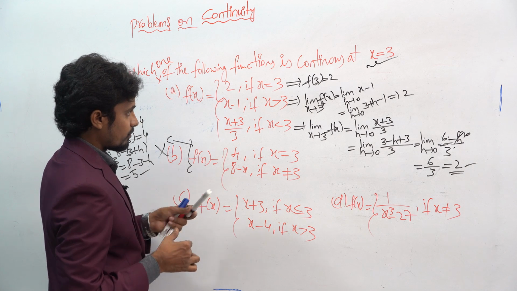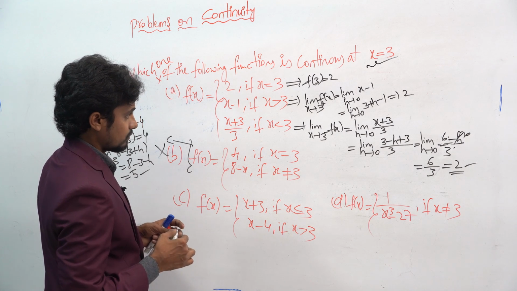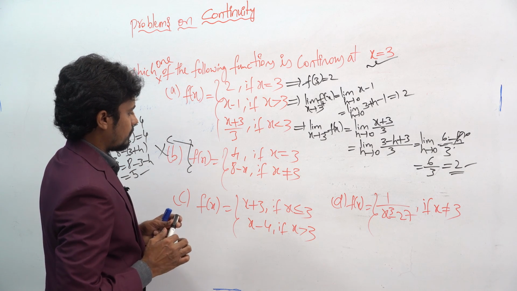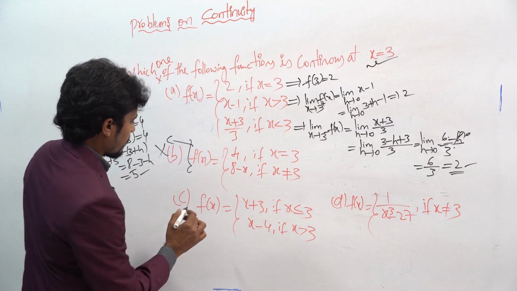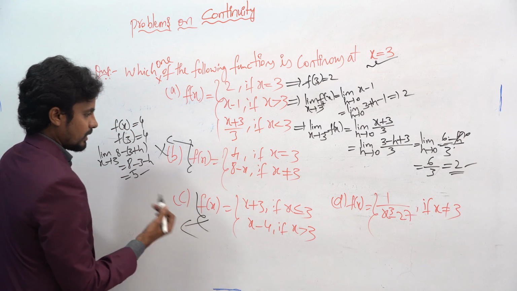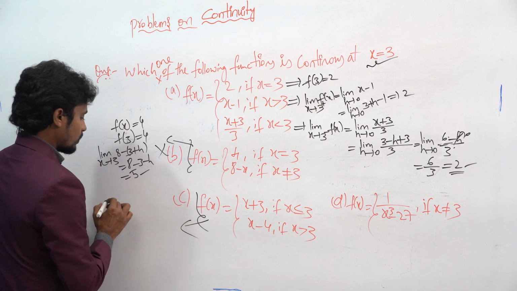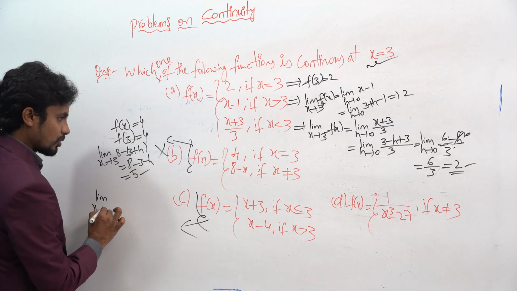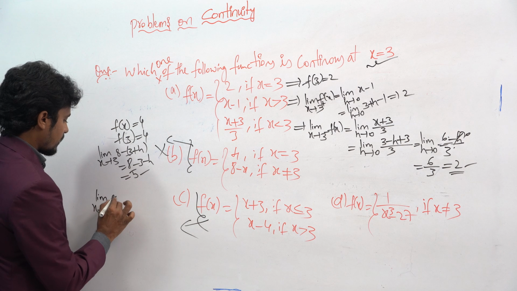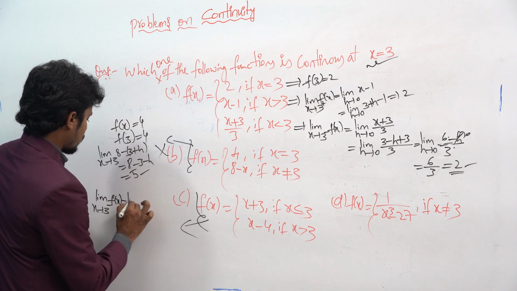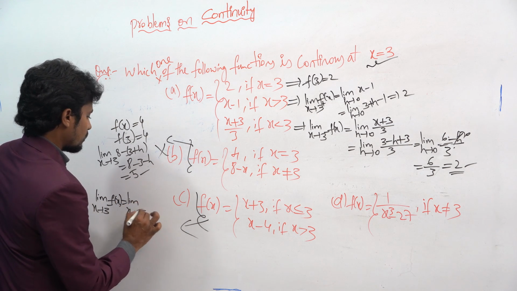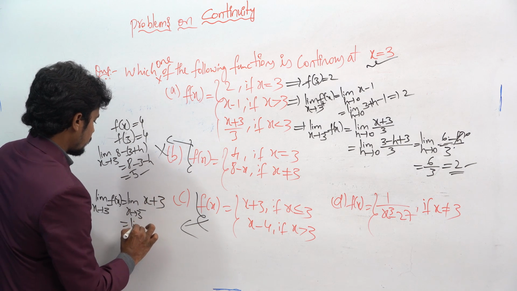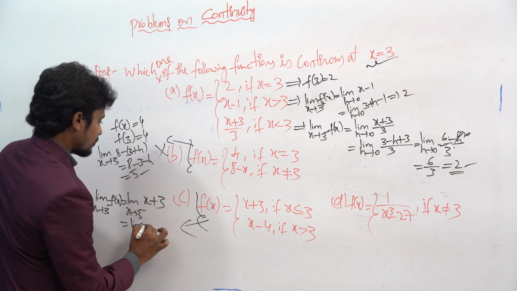And here you can observe this case, x less than or equal to 3, right? Here the limit x tends to 3 minus f of x is x plus 3, with limit h tends to 0.